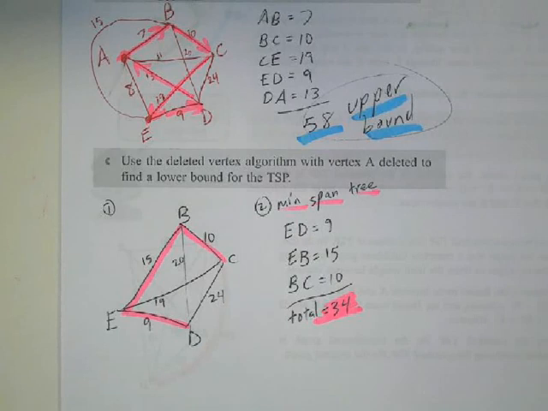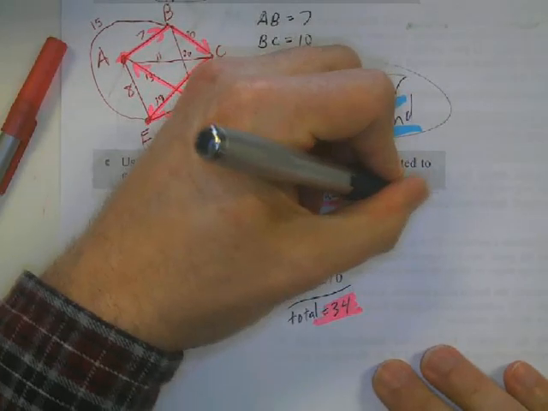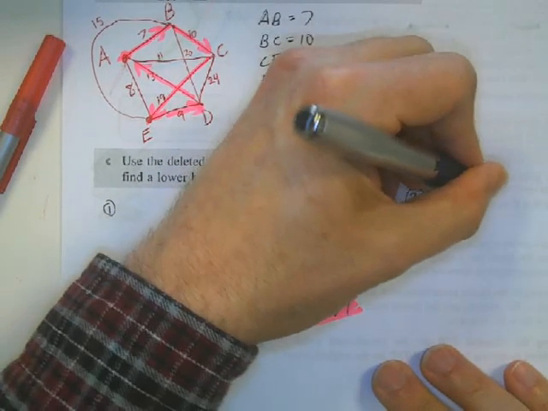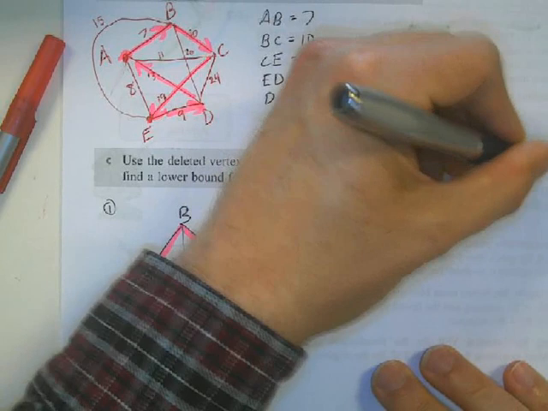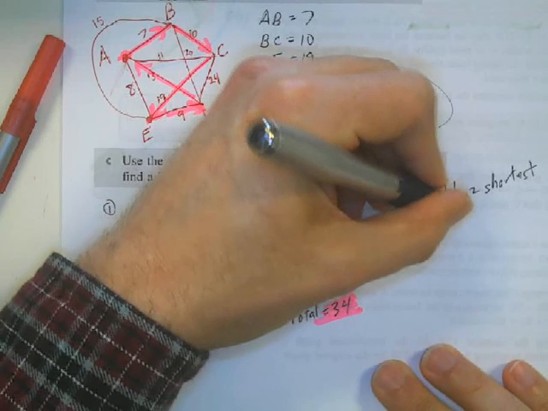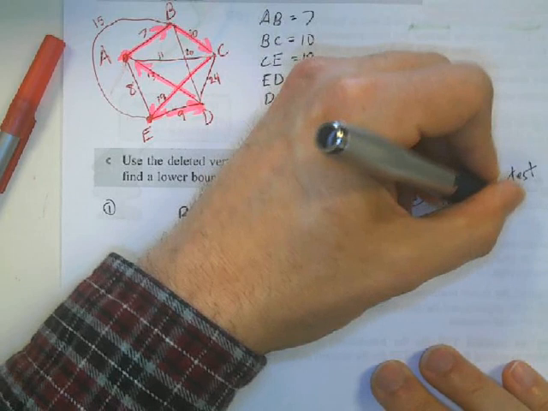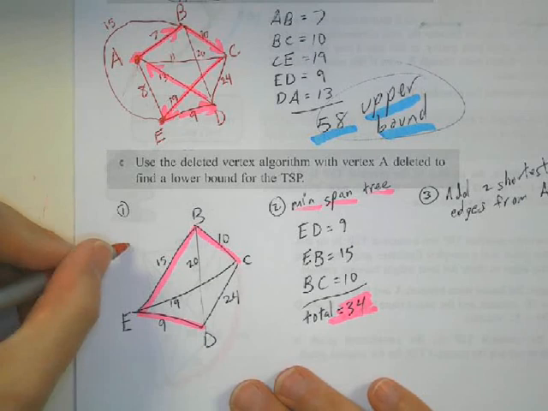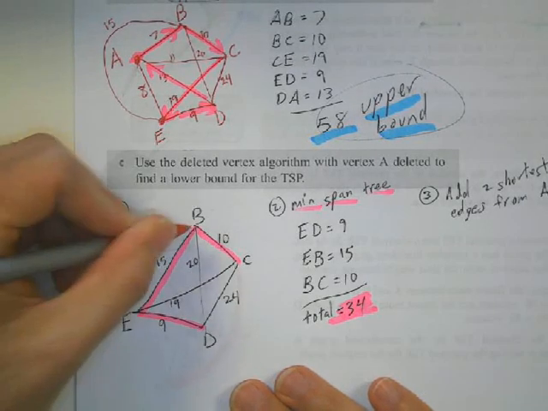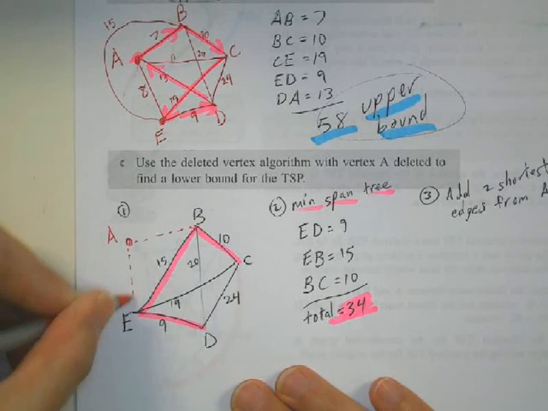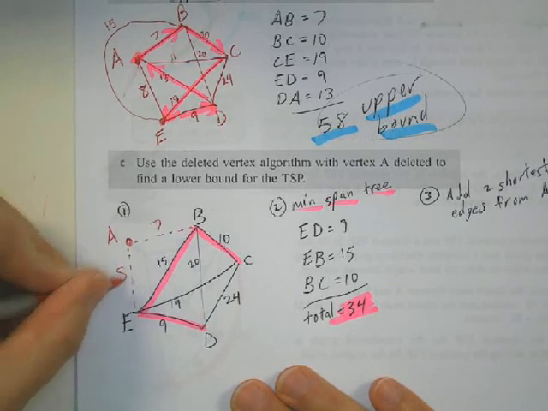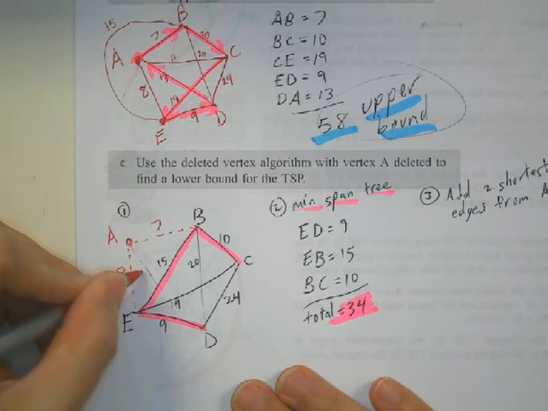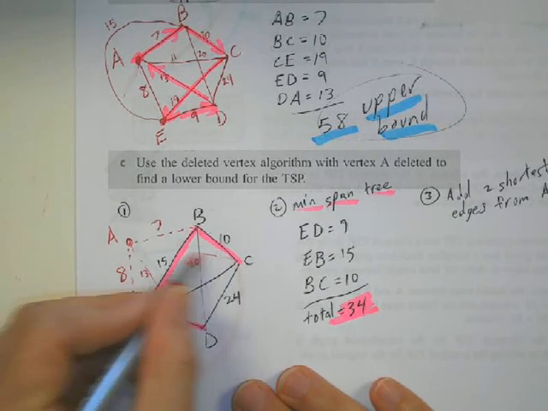And now the third step, we're going to add the two shortest edges from point A. Okay, so I'm going to redraw point A, put some dotted lines there. Those edges were 7 and 8, and this edge was 13, and this edge was 11.